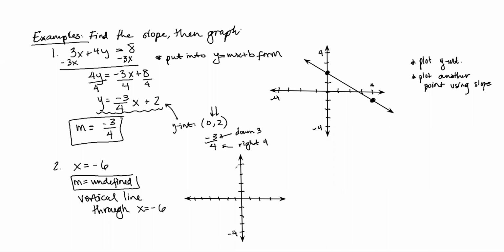So I went up and down 4, to the right 3, but I made sure to go to the left 6 because our x coordinate is going to be -6. And then I wrote that right where the line is going to be. So we know we have a vertical line. It's going to go through x equals -6. And all we have to do is draw our vertical line through that point. So that one's pretty nice. That's all we had to do for that one.